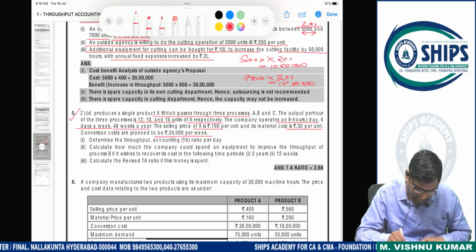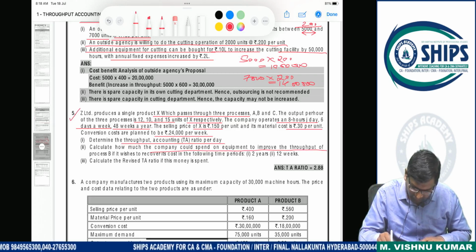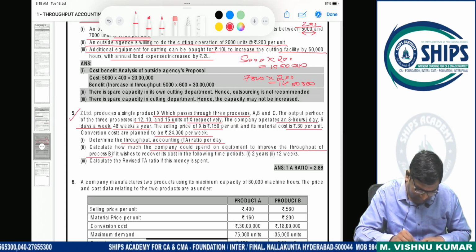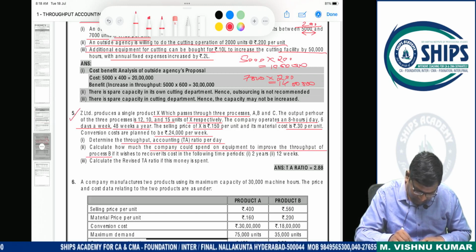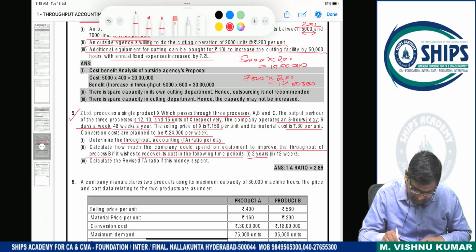Conversion cost is 24,000 per week. Determine the throughput accounting ratio per day. Calculate how much the company could spend on additional equipment to improve throughput of process B, if it wishes to recover its cost in the following time period, 2 years, 12 weeks.